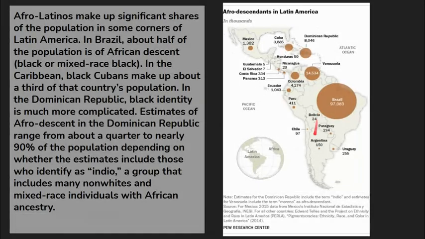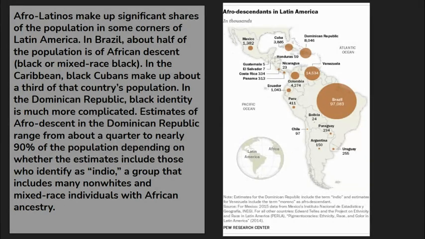Alrighty, by looking at the map over here, the Afro descendants in Latin America make up significant shares of the population in some corners of Latin America. In Brazil, about half of the population is of African descent. In the Caribbean, Black Cubans make up about a third of the country's population. In the Dominican Republic, Black identity is much more complicated.